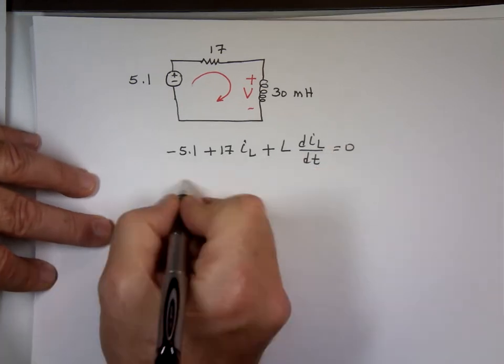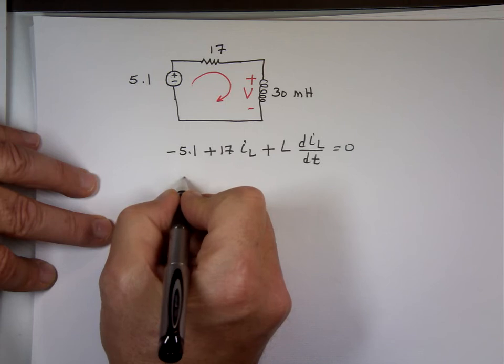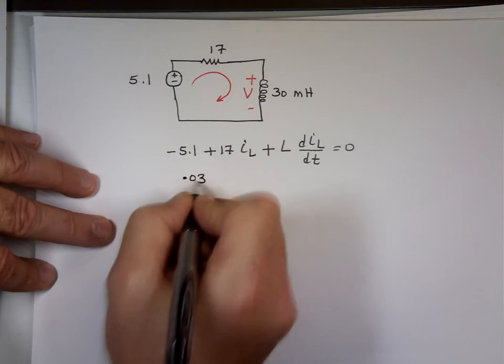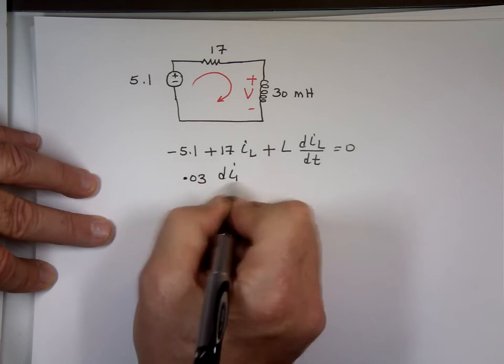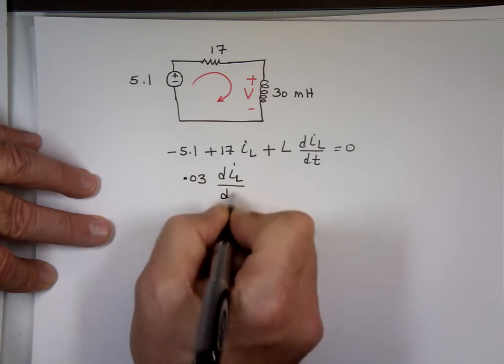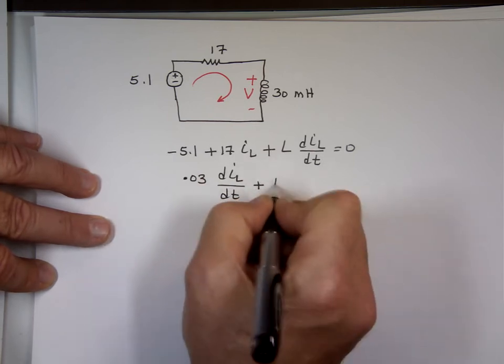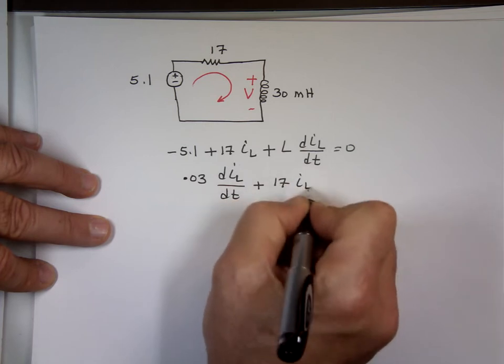30 millihenry. What's that? 0.03? I think 0.03. So dI_L/dt plus 17 I sub L equals 5.1.